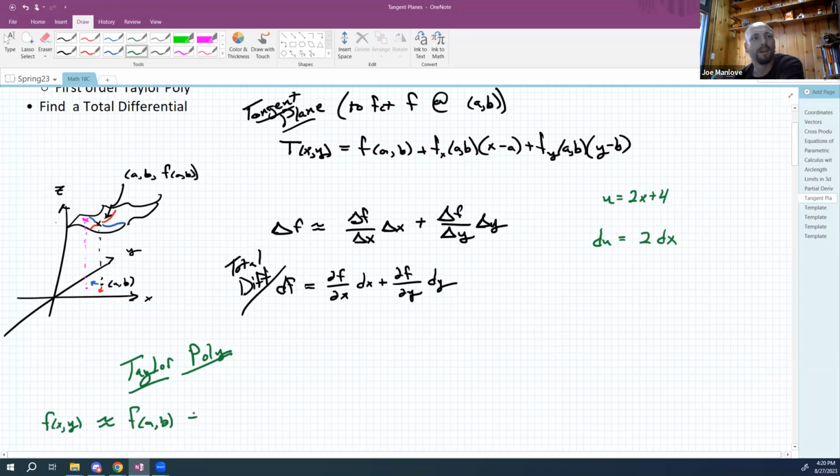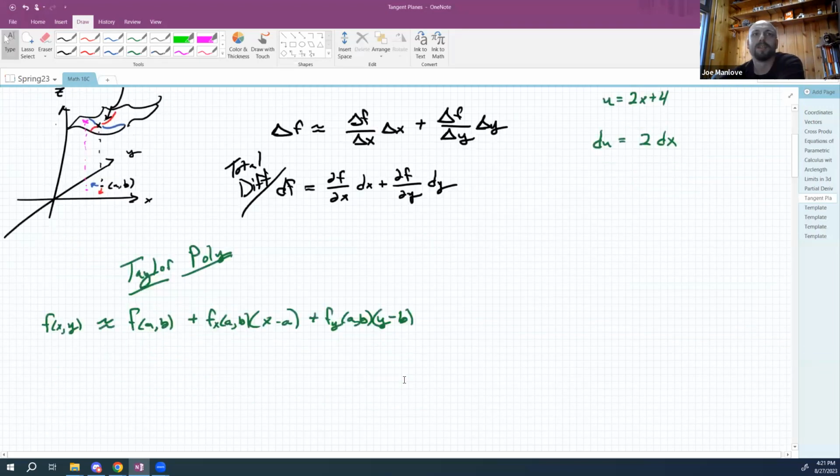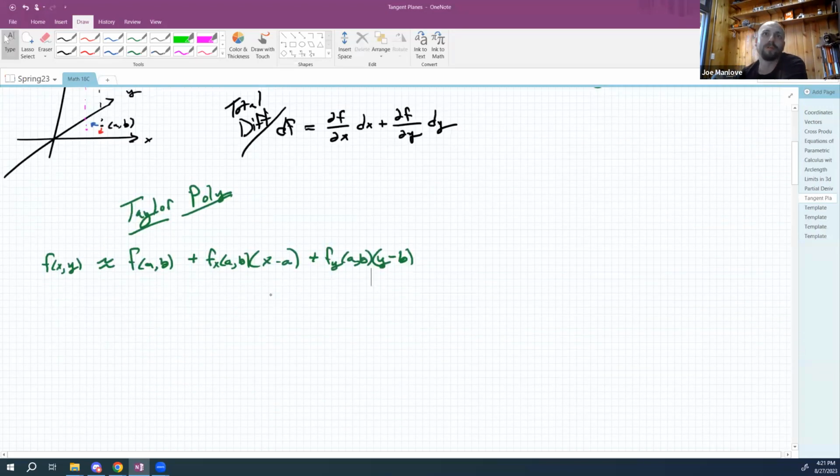First order is going to be fx at a and b times x minus a plus fy at a and b times y minus b. So that's first order. This guy here by itself is 0th order. This whole thing is first order.